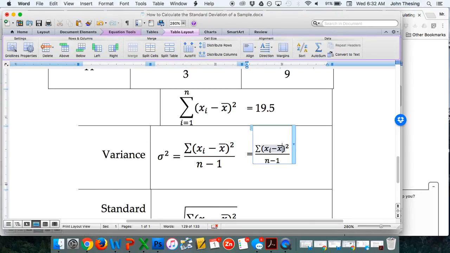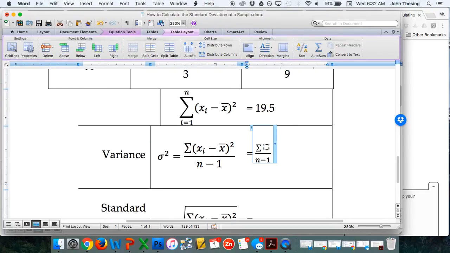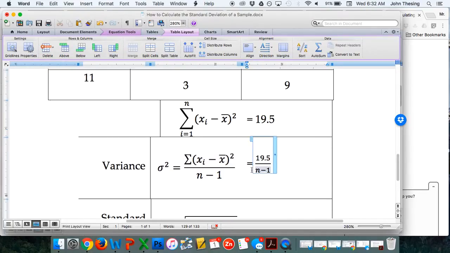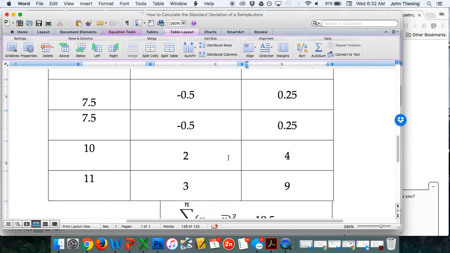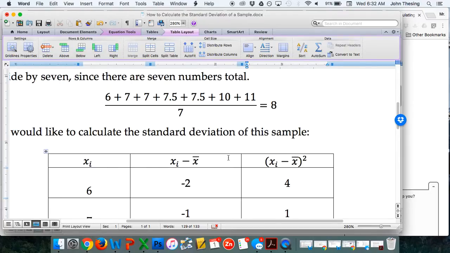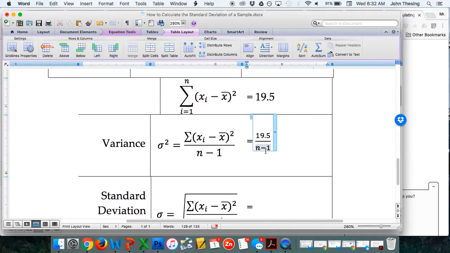That's our 19.5. And then what we're going to do is divide that by n minus 1. Remember, in statistics, n pretty much always refers to the number of people in your sample, which in our case was 7. So we're just going to do 7 minus 1. So really, what are we doing here?